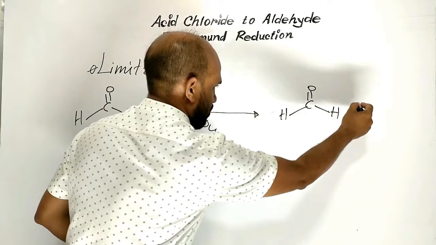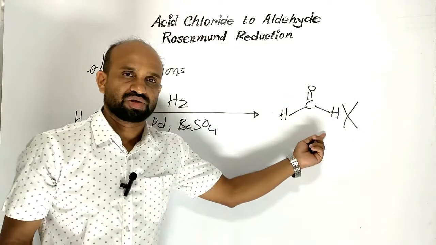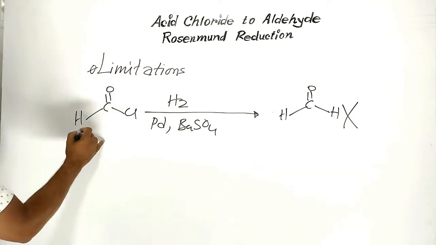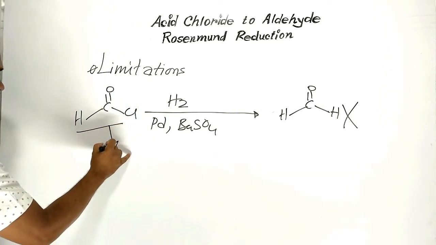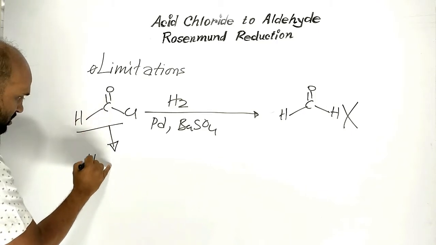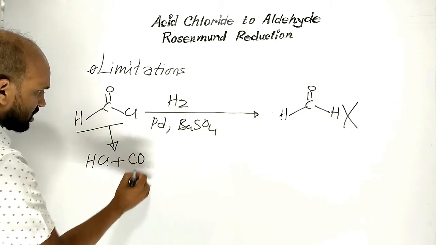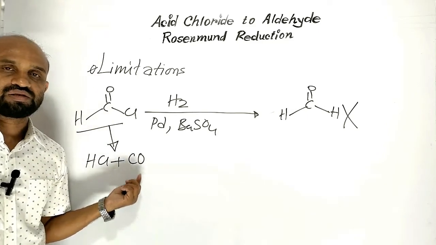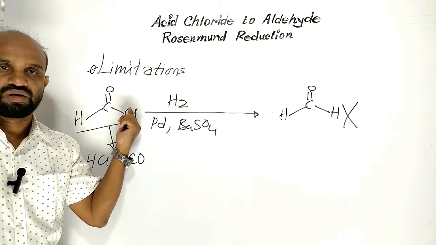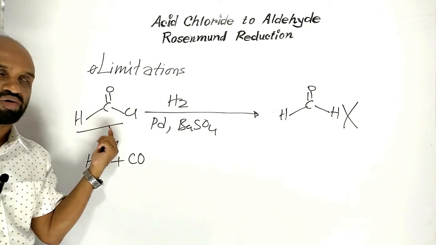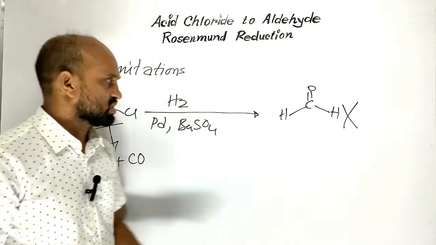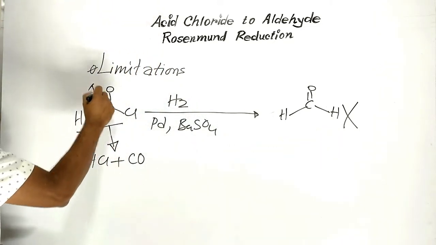But this formaldehyde is not produced from formyl chloride because formyl chloride is unstable at room temperature. It breaks into HCl and carbon monoxide. As this is an unstable compound, through Rosenmund reduction from formyl chloride, formaldehyde cannot be prepared. This is limitation number 1.